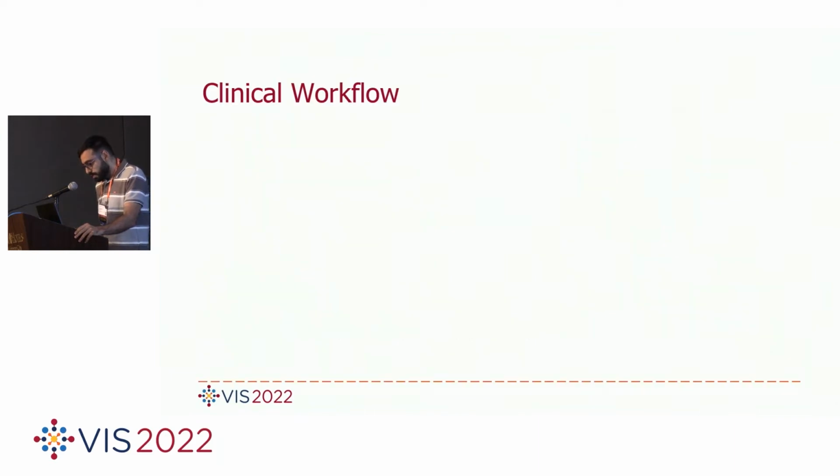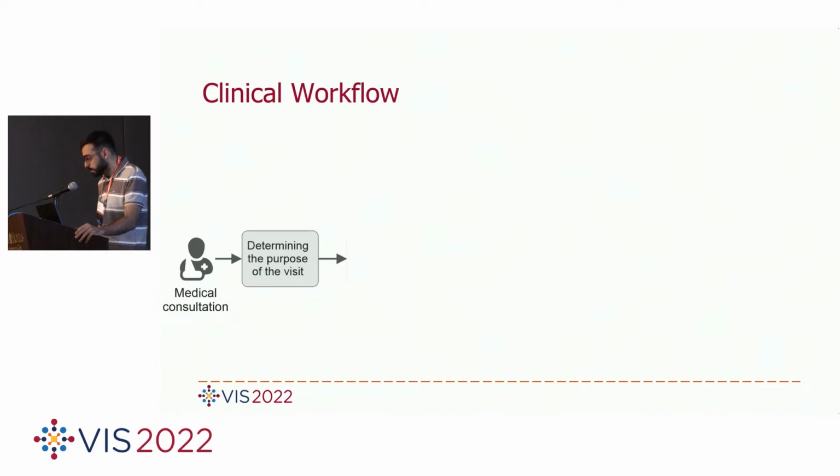So we illustrate a regular clinical workflow, where the physicians perform a medical consultation. First, the physicians collect key patient data, such as age and sex, and determine the purpose of the visit. Then, the physicians analyze previous medical records and check the described conditions.